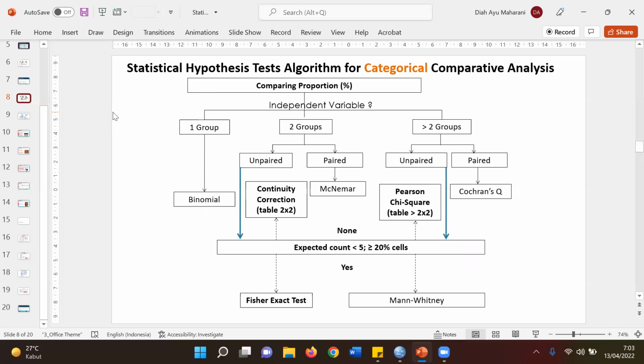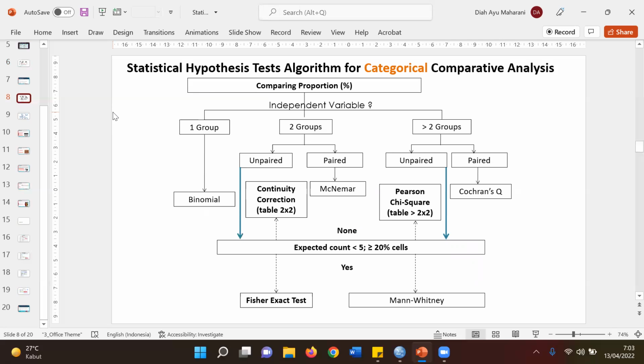The algorithm for the statistical hypothesis test for categorical comparative analysis is a bit similar to the algorithm in the numerical comparative analysis.